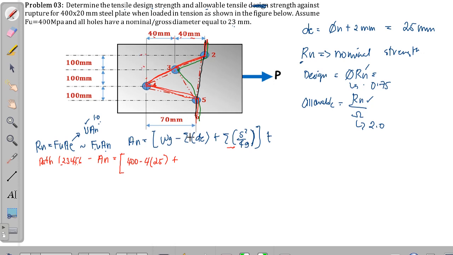So, pwede mong isulat, ito, 2 times S 40 squared over 4 times 100, yung G. Okay? Plus, ano pa yung isa? We have to add yung bolt 4 and 5. Diba? Yung bolt 4 and 5.